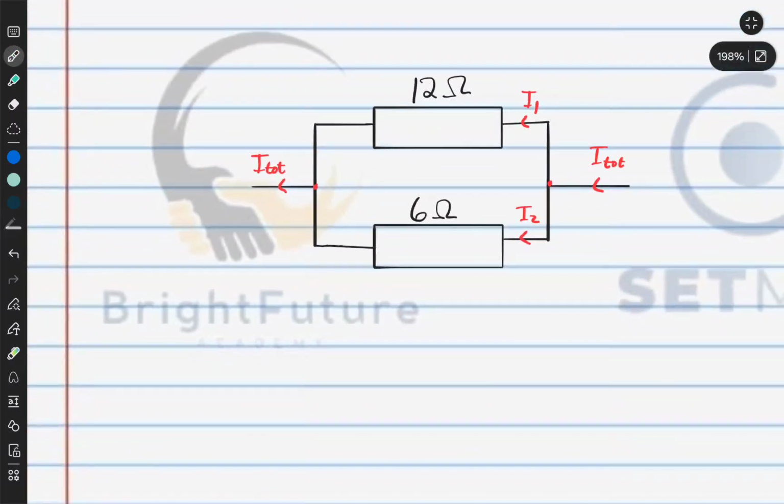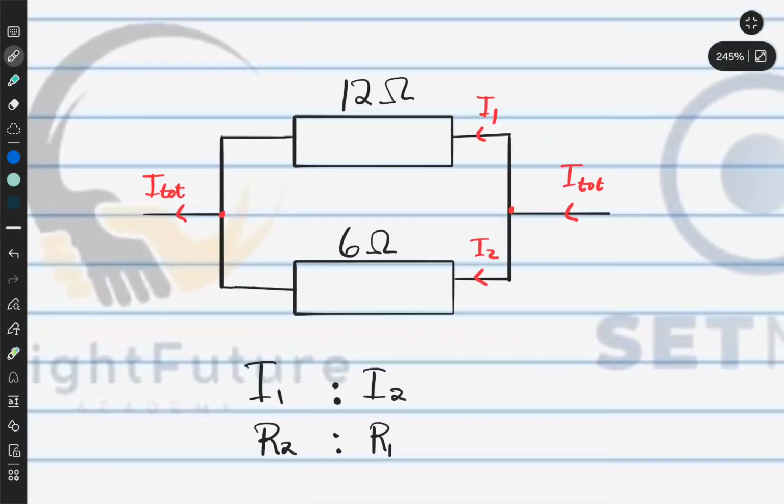Basically, if you take the ratio of I1 to I2, it would be the inverse of the ratio of the resistances. What that means is, I1 is to I2 will be the same as R2 is to R1. The reason we invert them is because this is R1 and this is R2.